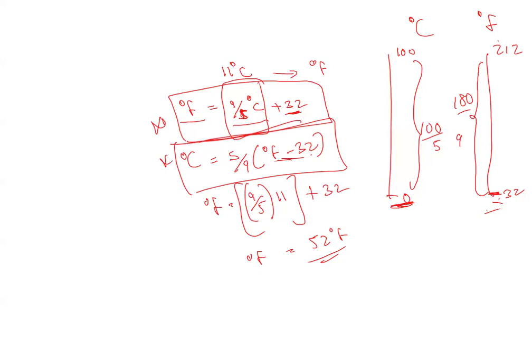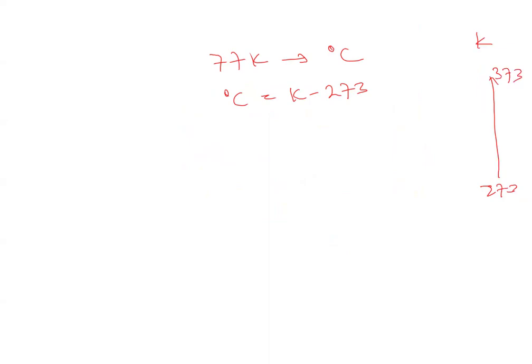Then I have another question here. Okay, 77 Kelvin. What is the temperature in Celsius, centigrade? Okay, so when you're converting to centigrade, remember one formula at least, Kelvin minus 273. Why is that? Kelvin starts from 273 and goes to 373. 0 is the absolute temperature, absolute 0.